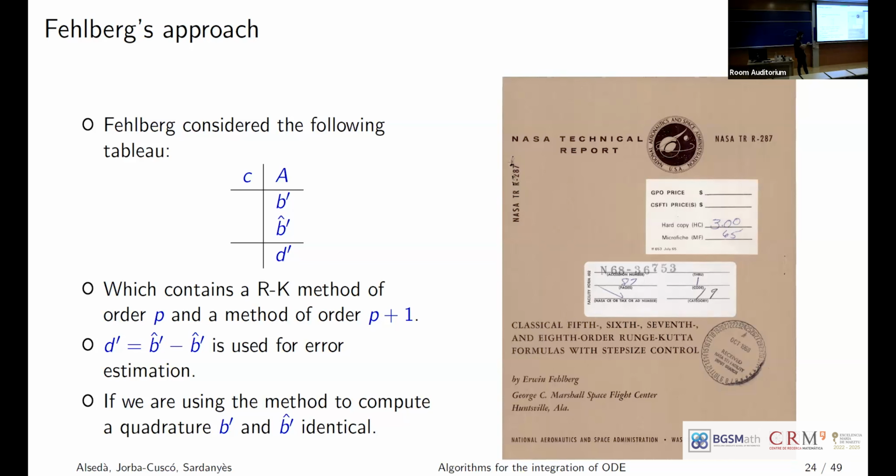So if the problem is a quadrature, an integral, the estimation of error of the Runge-Kutta-Fehlberg method is 0. And that may be important and catastrophic in some cases. I'm going to enter into that.